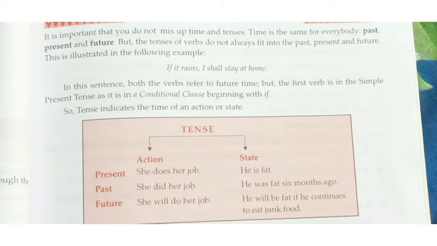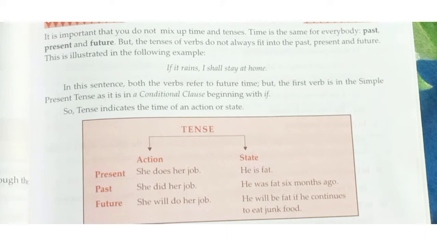"If it rains" is in the present indefinite, as it is in the conditional clause. There is a reason for it being in the present indefinite, and that is because of the conditional clause. As it is a conditional clause, we have to keep it like that. The conditional sentences, we need to learn about them.